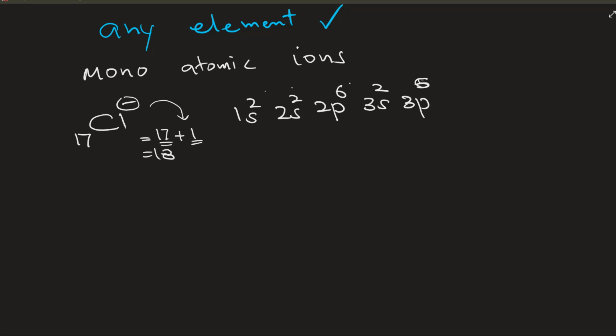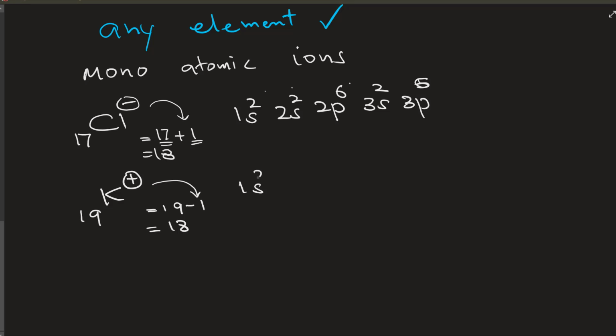Let's compare with K plus. It's 19, and plus means missing an electron, so it's 18 total. Again, you can fill 1s2, 2s2, 2p6, 3s2, 3p6. So both of them have 18 electrons, right? If you write the short version, it's argon in square brackets, that full shell.